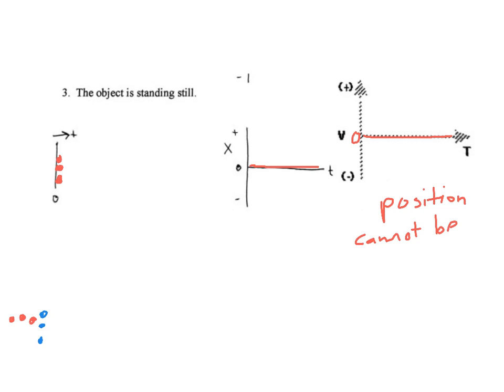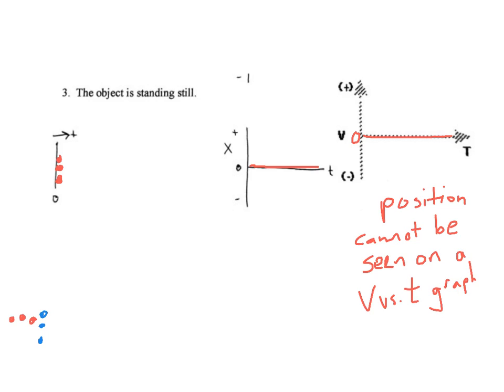Position cannot be seen on a V versus T graph. Put that in your comp book. It is unaffected. The VT graph is unaffected by where the object is. It can only tell us the how fast part and the what direction.